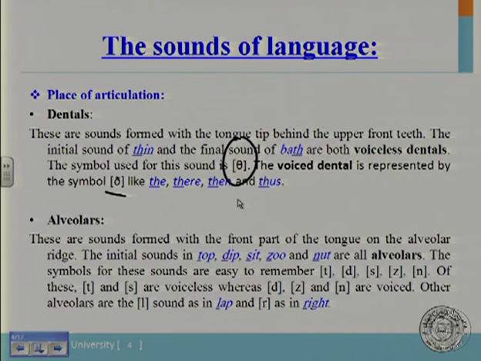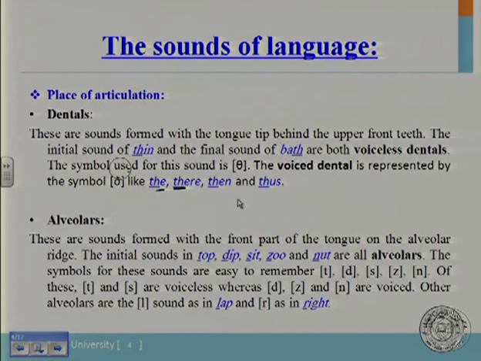But this symbol, as in the, as in there, as in then, and thus. These sounds are represented by this symbol.